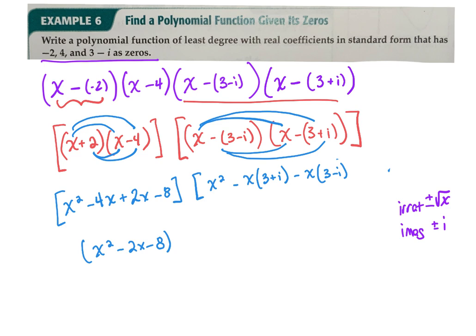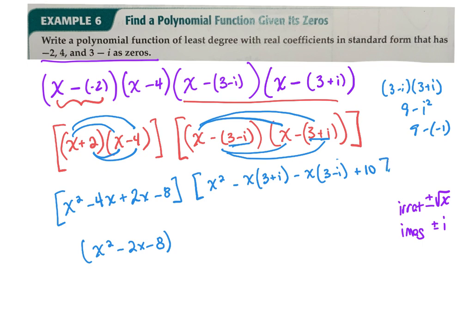Everybody see that? So we have 3 minus i times 3 plus i. Those are conjugates, right? It's a special case. It ends up being the first one squared, 9, minus the last one squared, i squared. What is i squared? i squared is negative 1. Right, so we have 9 minus negative 1. What's 9 minus negative 1? 10. So when we multiply these groups at the end here, we actually just get 10, right?